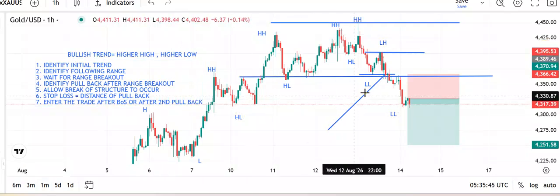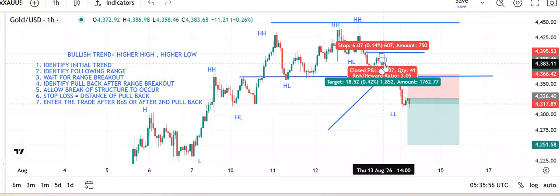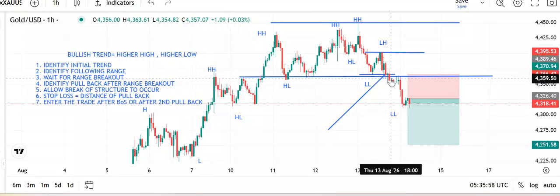Okay, so you can enter a trade here after this break of structure, after the closure of this bearish candle, or after the closure of this bearish candle. You can enter your trade anywhere around here.